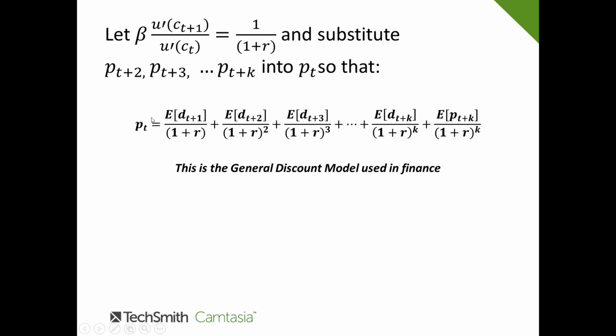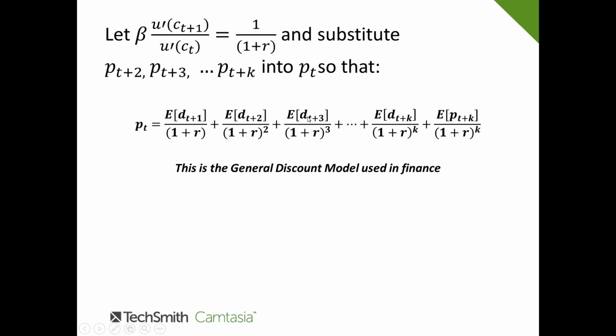And as I do this, I generate this general discount model that we've been using in finance since you've taken an introductory class. That is that the price of the asset is equal to the discounted dividend in time period t+1, where I discount it by 1 over 1 plus r, where r you can think of as being the required return by shareholders, plus the expected dividend in time period t+2 divided by (1+r) raised to the power of 2, and so on.